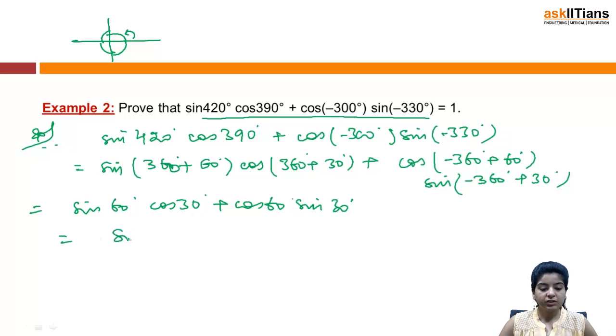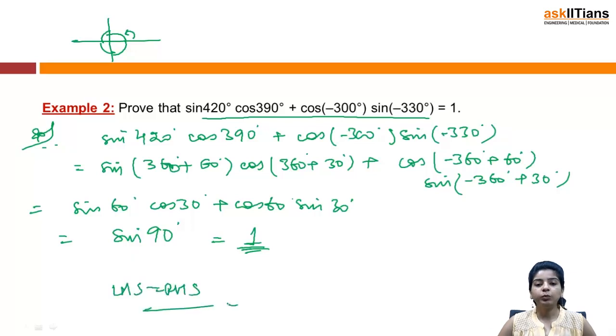So this becomes sine 90. We will be discussing the formula also for this, and if you don't know the formula as of now, you can just substitute the values of sine 60, cos 30 and so on, and you get the result as sine 90, which is 1, and therefore LHS is equal to RHS. We had to prove that this value comes out to be 1, and that is what we have proved.